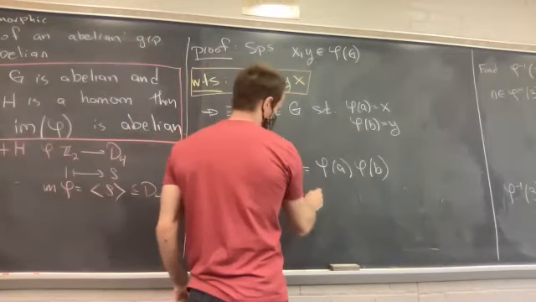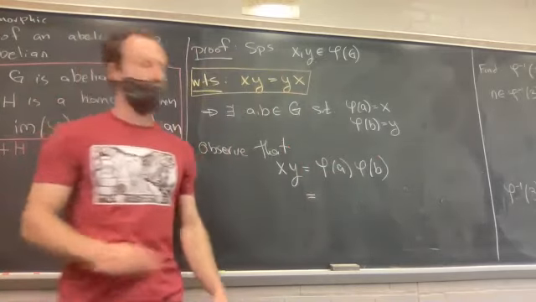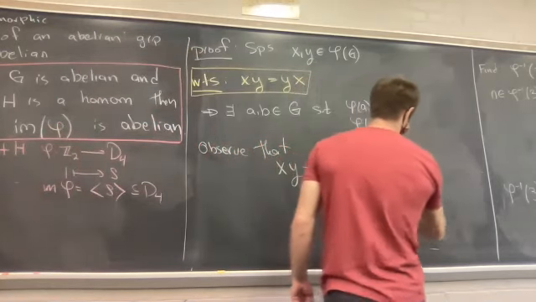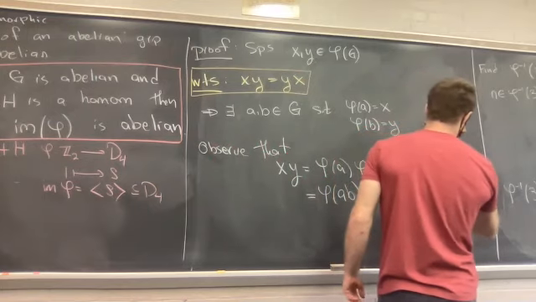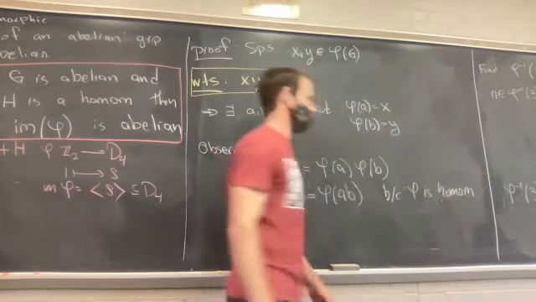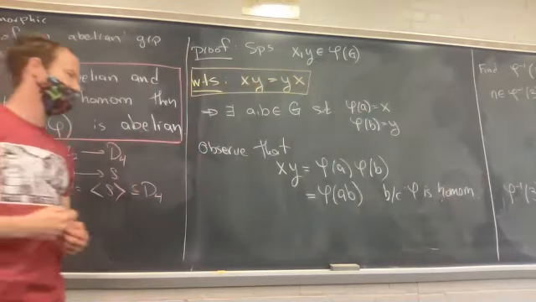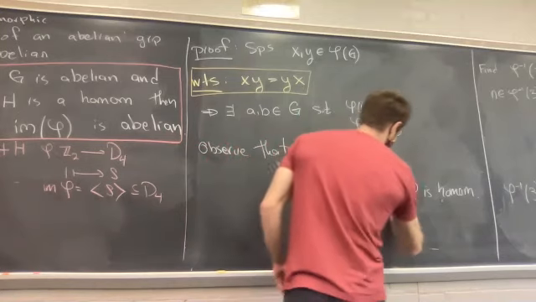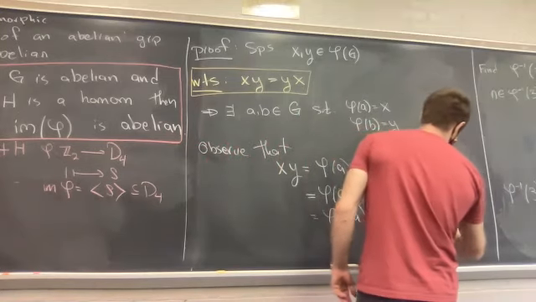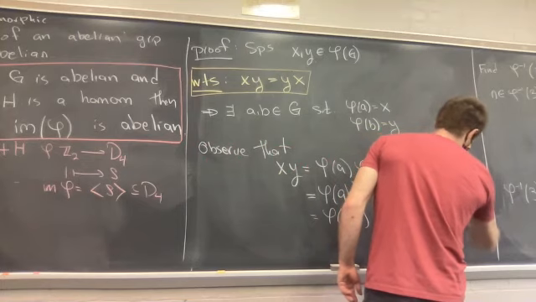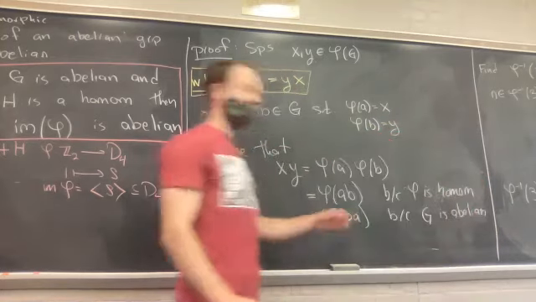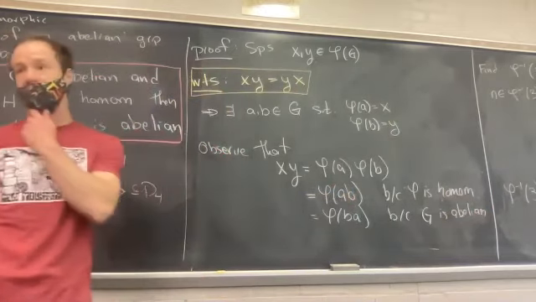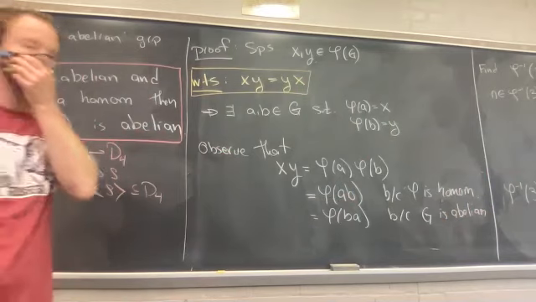But now we can smash these together by the fact that phi is a homomorphism. So this is phi of AB. That's the defining characteristic of a homomorphism. But now that's equal to phi of BA, and that's because the domain is abelian. Notice that switcheroo happened within G, which we assumed to be abelian.